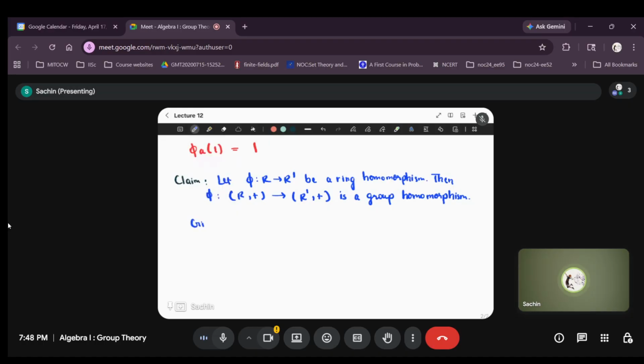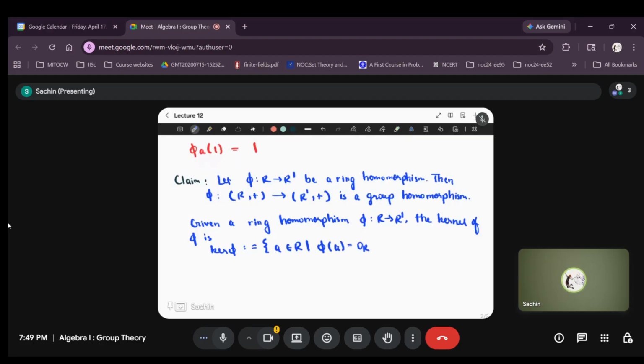So given a ring homomorphism phi from R to R prime, the kernel of phi is defined as the set of all elements in the domain such that their image is the zero element, the additive identity.